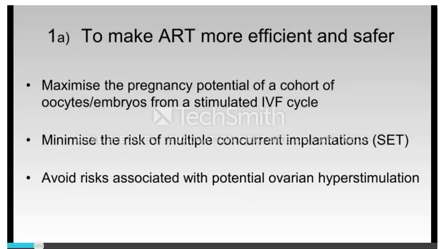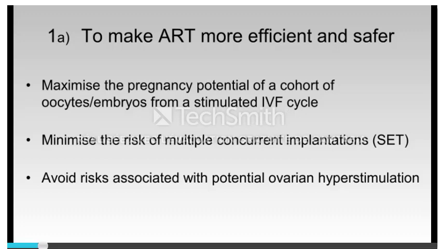How do we make ART more efficient and safer in the first instance? I think this is well established now. Cryopreservation has been important in driving us to be able to use all the material that we generate in the stimulated IVF cycle, so to extract the maximum pregnancy potential from a cohort of oocytes or embryos, while at the same time minimizing the risk of multiple concurrent implantations, so multiple pregnancy in essence.